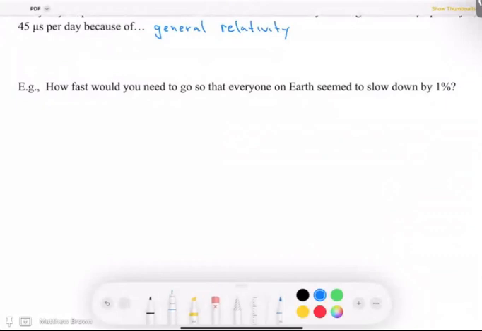That means that this factor here, Tm over Ts, would have to be, well, Tm is 1% slower, so this is 1.01 over 1. Suppose Ts is 1 second, then Tm, the moving time, the relativistic time, has 0.01 extra seconds on it.